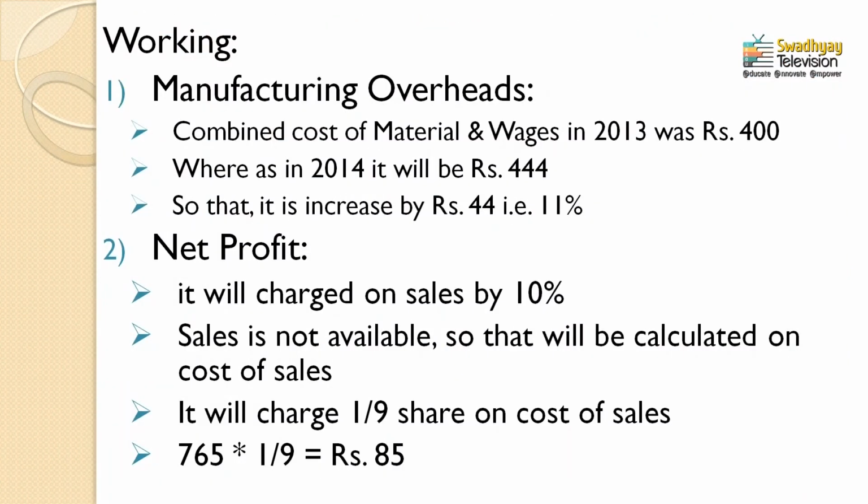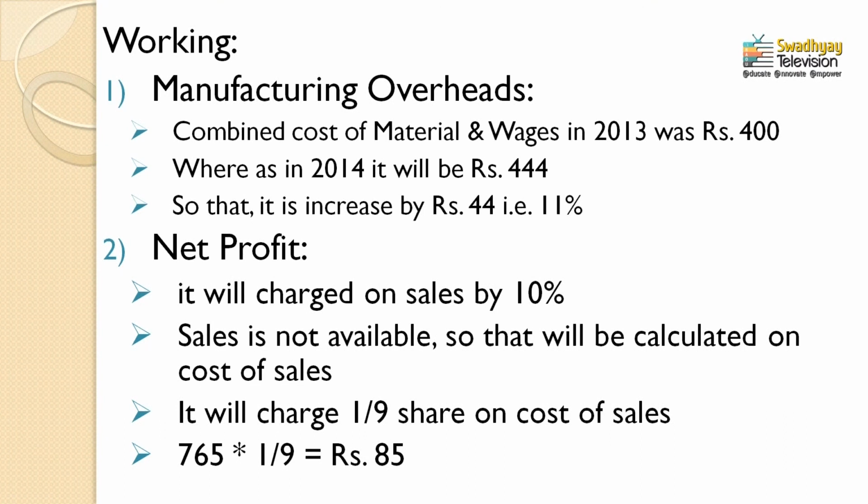We have a formula that if the profit is to be charged at 10% on selling price, then you can charge a profit of 1/9 share on the cost price. That means whatever cost price we have, instead of charging 10% profit on selling price, if you calculate 1/9 share on cost, the same amount would be reflected in your profitability.